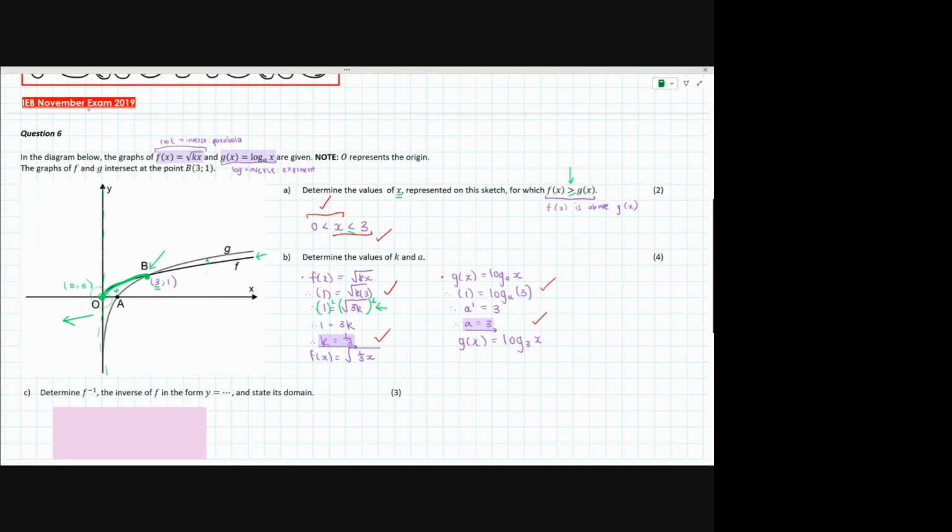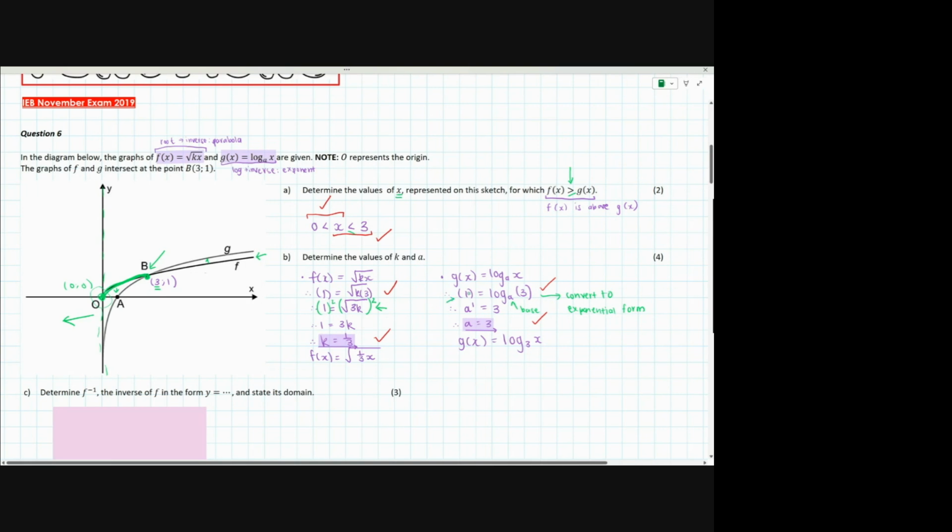Now, just so that we understand how we get to this answer, from this point with the log, we would need to convert back to our exponential form. So this is converting to the exponential form so that we can go and solve for a. So remember, this a value over here is your base.